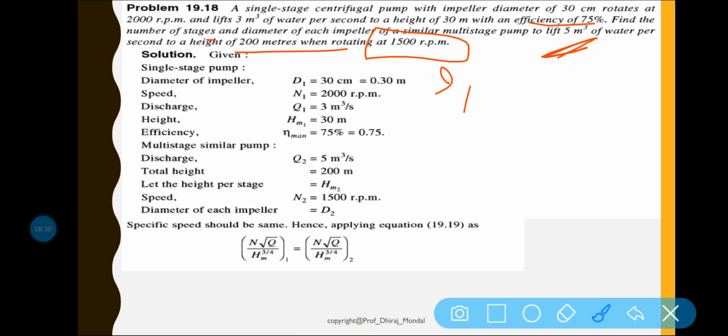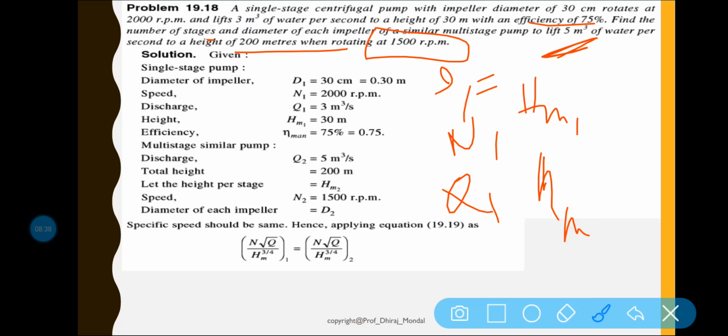So the diameter d1, n1, Q1, Hm1 and manometric efficiency are given, Q2 is also given, 5 meter cube per second. We know that total height is equal to the number of stages into the manometric head. So total height is 200 meter.